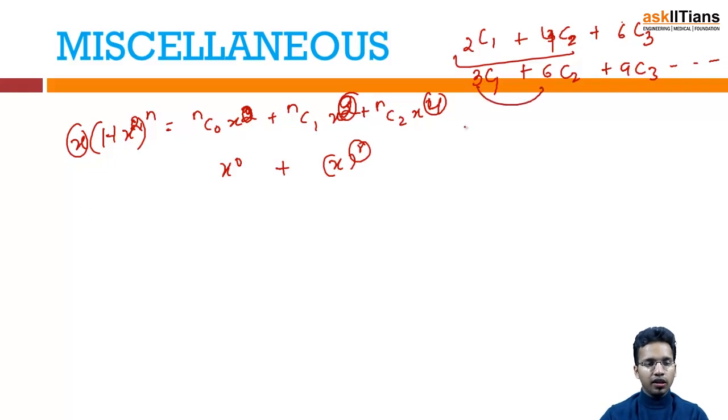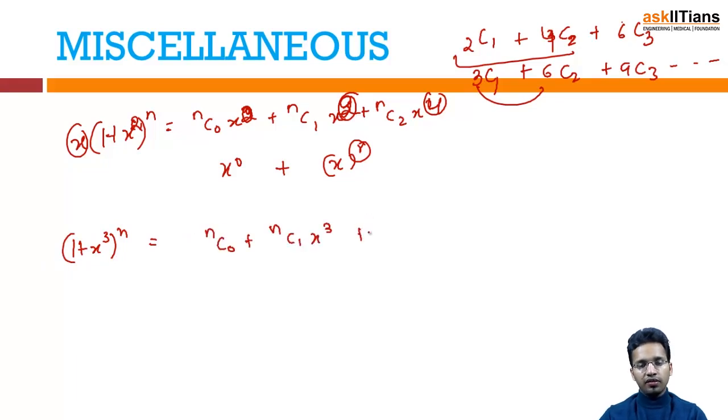With a gap of 3, I'll first use this expansion, x cube raised to power n. So this will be nc0 plus nc1 x cube plus nc2 x6. Now since the coefficient required is 3, I'll differentiate it and I'll get 3 nc1 x, I'll put 1, plus this will be 6 nc2.